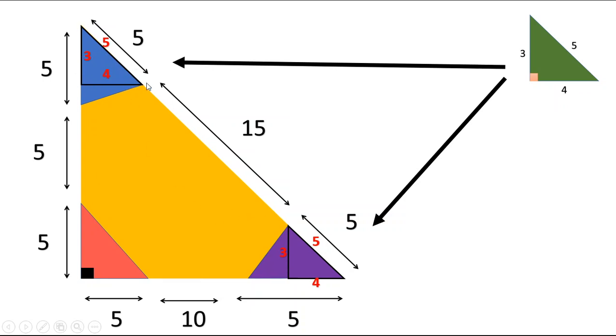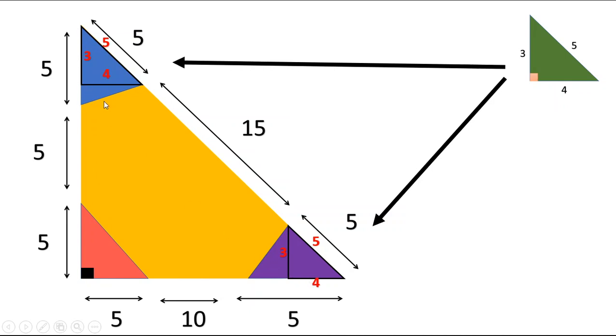Since this complete length was given as 5 and this length of the small triangle is also 5, these 5 and 5 will match. So what we get is 3 here and 4 here. Here also, this 5 side length and this 5 side length will match over each other, and we get this 3 and this 4.